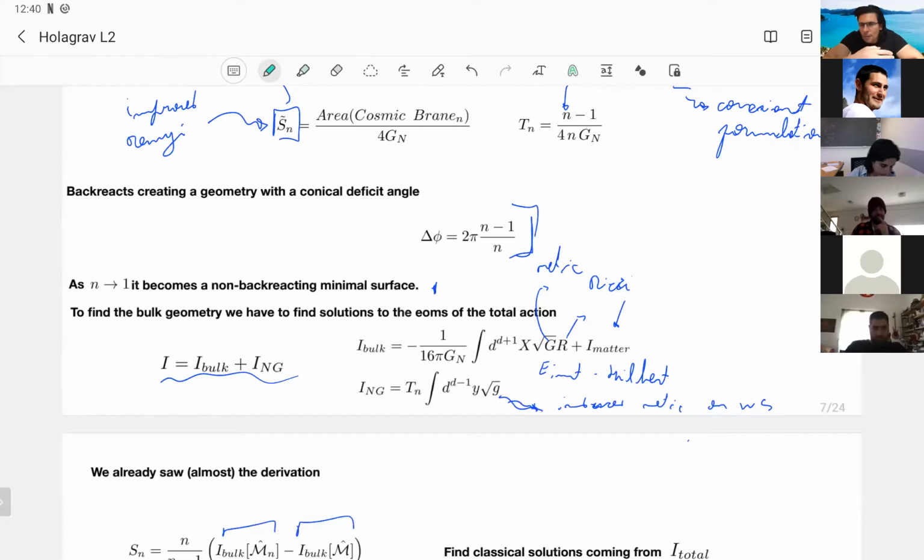Would there be something like the determinant of G minus B? That's the first question. I don't know the answer, but if I have to guess, it does not enter in the cosmic brane action. But maybe someone has to add something.